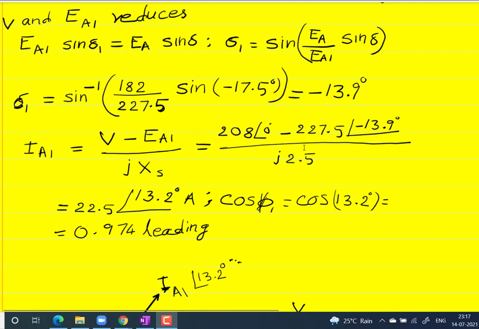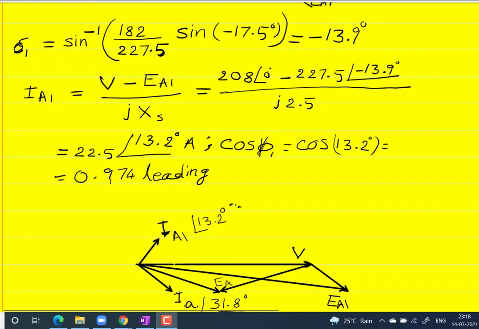Simplifying, we get 22.5 at an angle of 13.2 degrees amperes. This 13.2 degrees means it is leading the applied voltage by this angle.